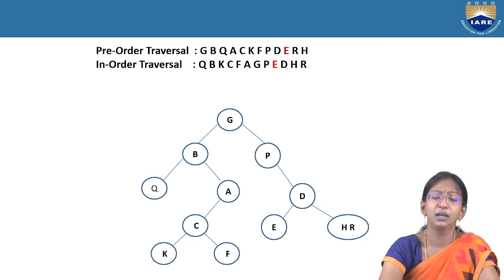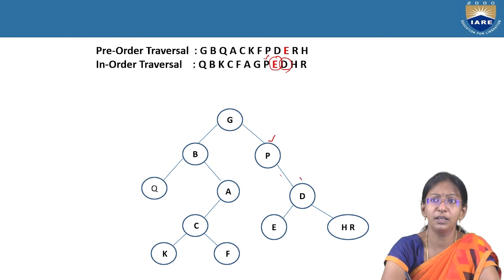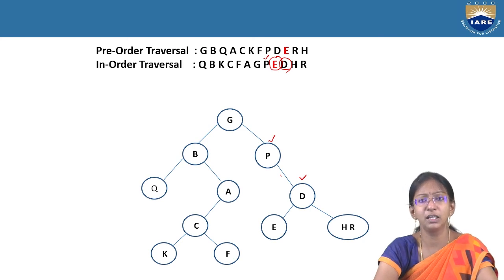E. So in inorder, where is E? Here it is. The left child of E is P, which is already taken. The right child of E is D, which is already taken. I cannot use them. So E does not have any left or right child, so it is a leaf node.